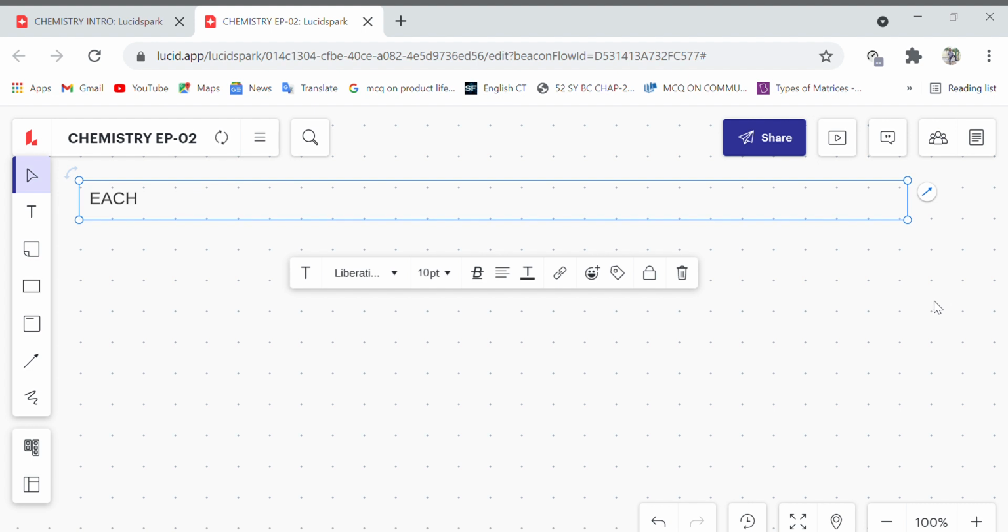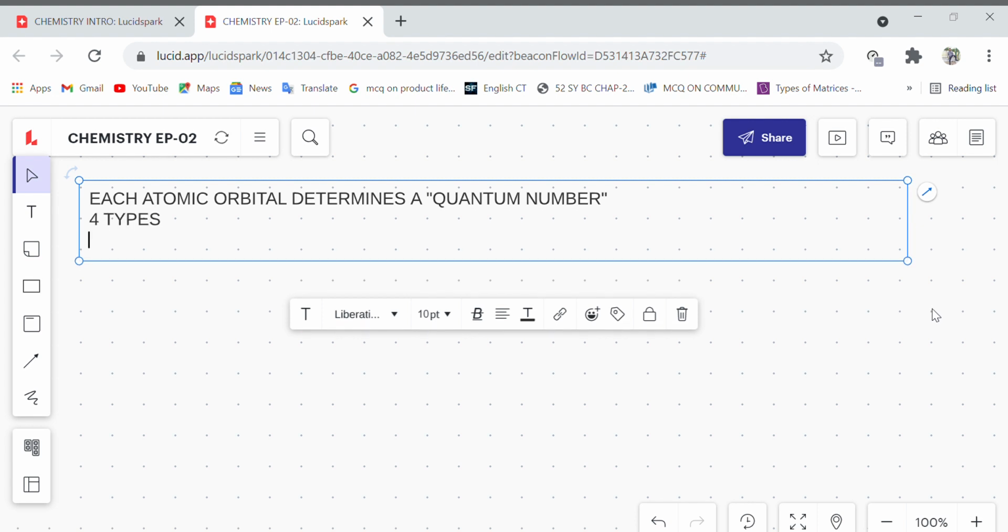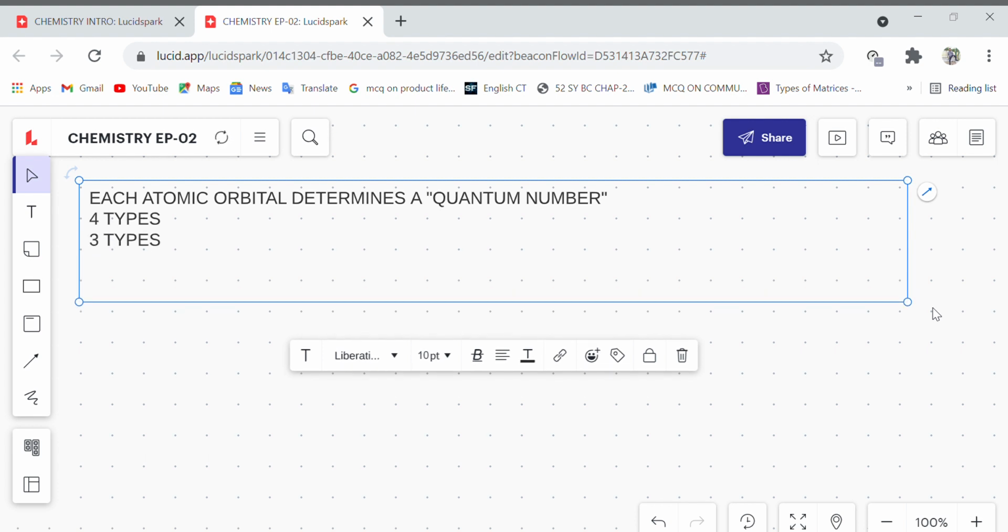Each atomic orbital determines a quantum number. There are around 4 types of quantum numbers, but today we are going to study only 3 types.